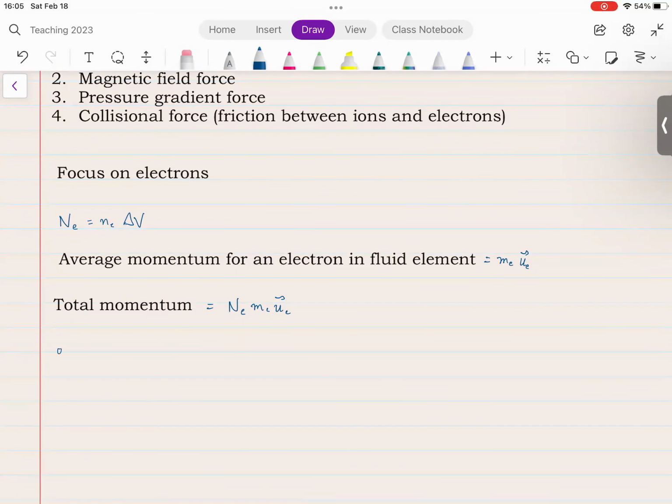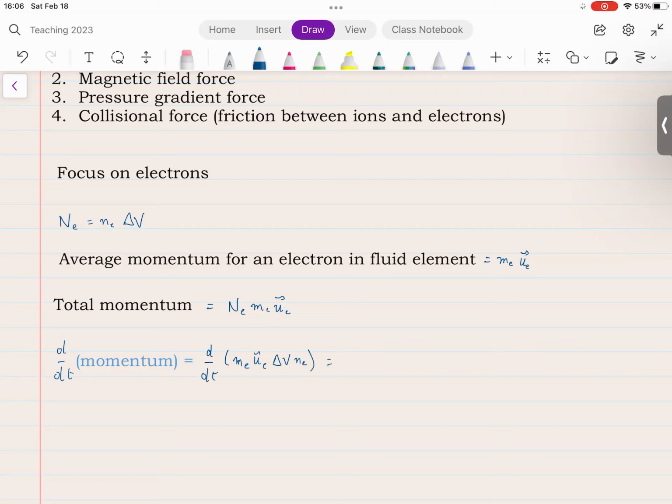Then its derivative, let me write momentum one more time in here, is going to be the derivative of this expression times u_b times the number of particles, which is given by delta V times n_e.